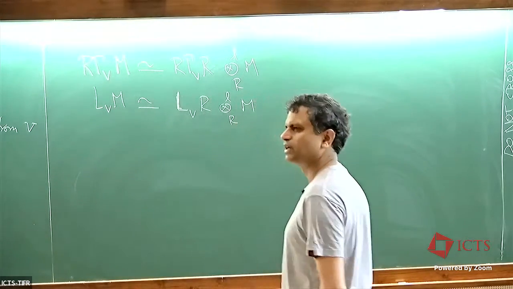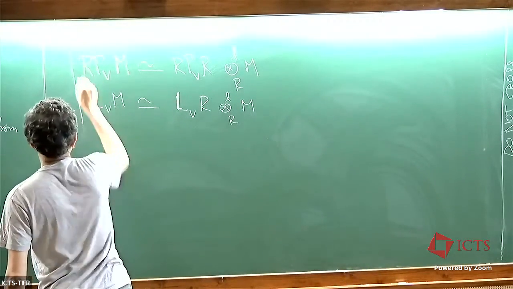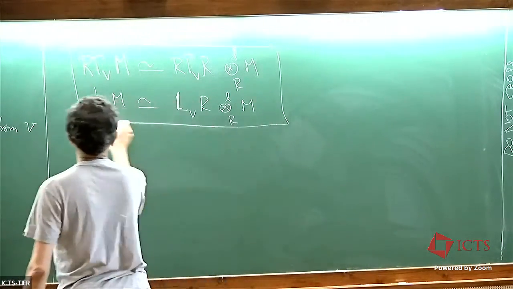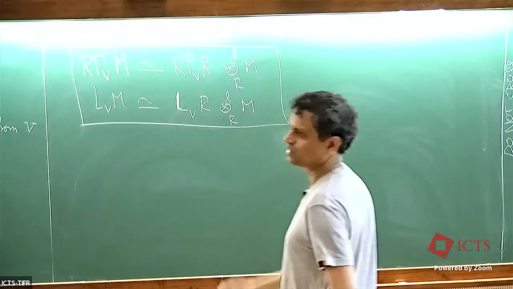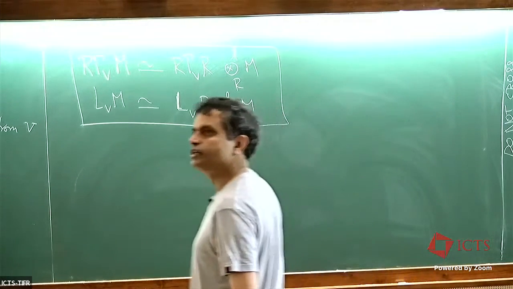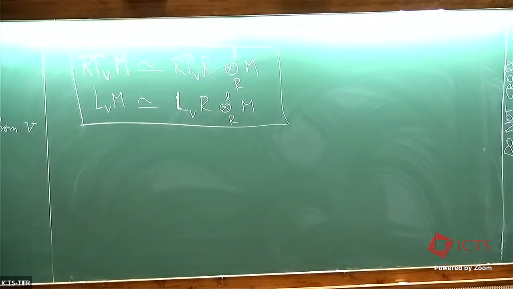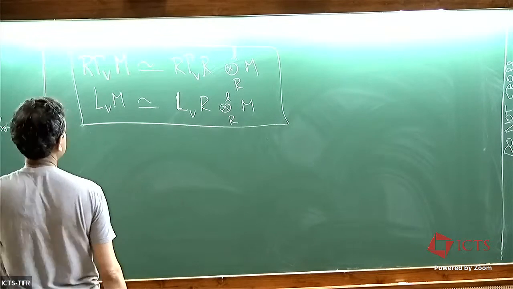This is what Constanza called smashing localization. So we have this very handy formula for computing the local cohomology functors and the localization functors. Another consequence that comes from this property is the following.